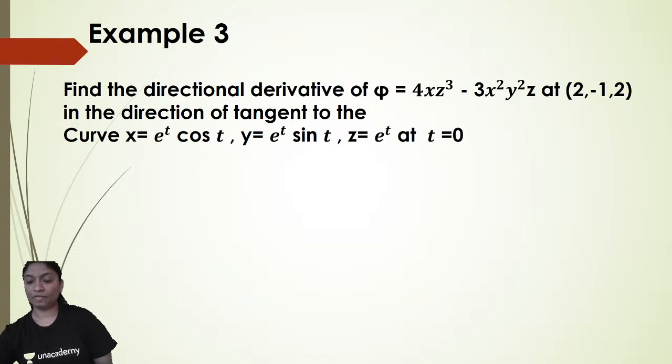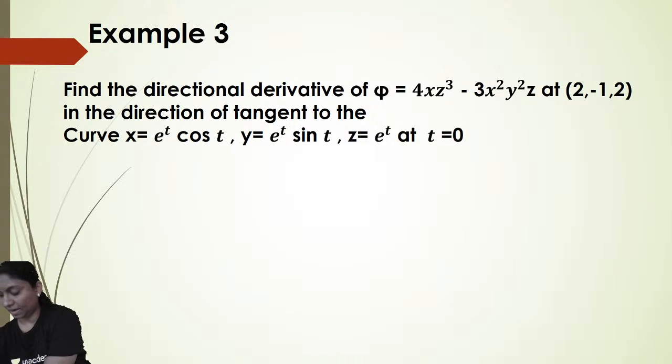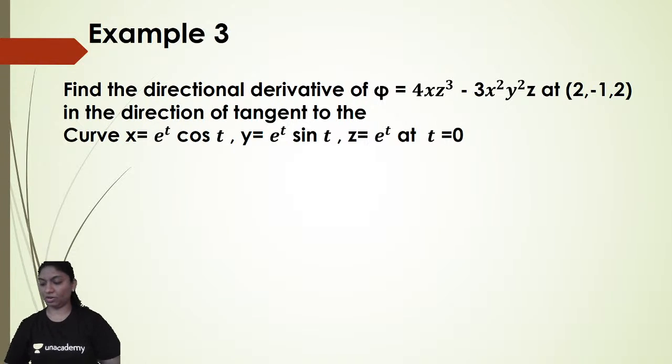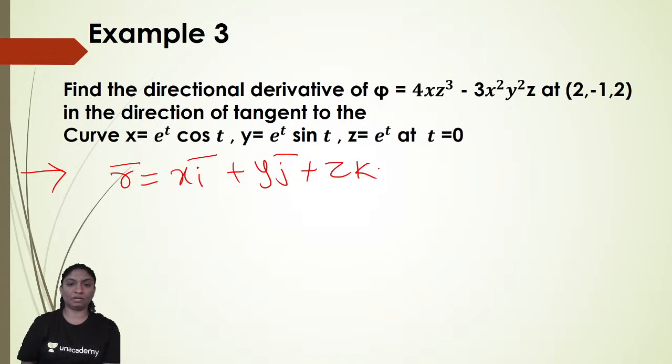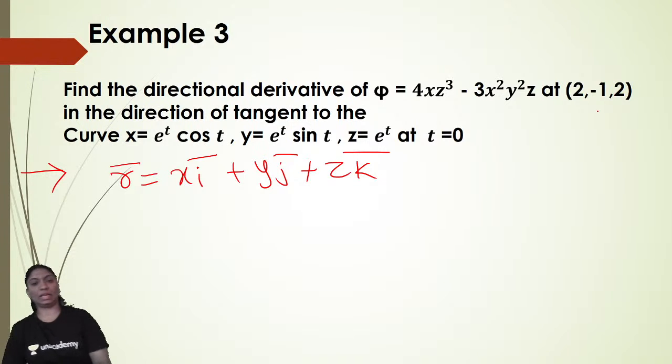Now see, first we will calculate a bar. What is our a bar? A bar is equal to dr bar by dt, right? But for that dr bar by dt we require r bar. So we will calculate r bar first. R bar is equal to x i bar plus y j bar plus z k bar.